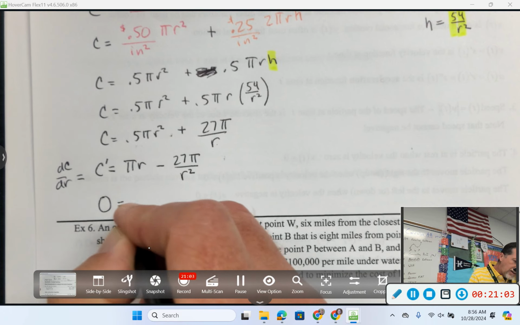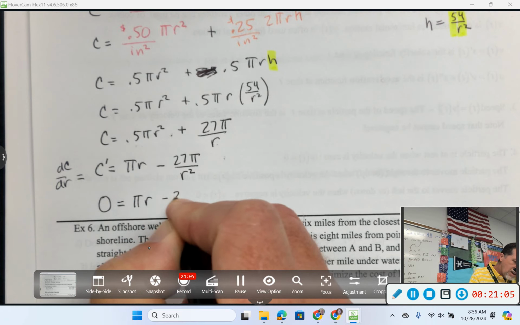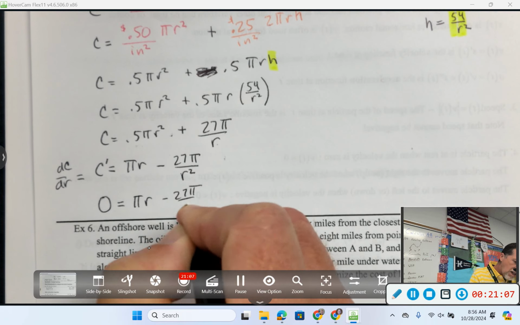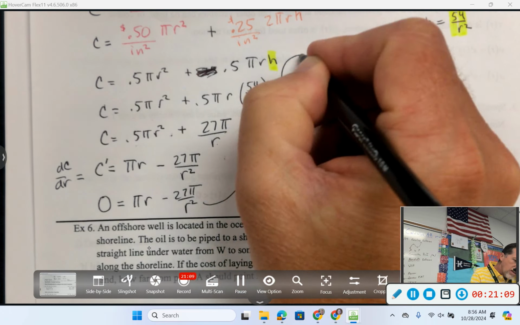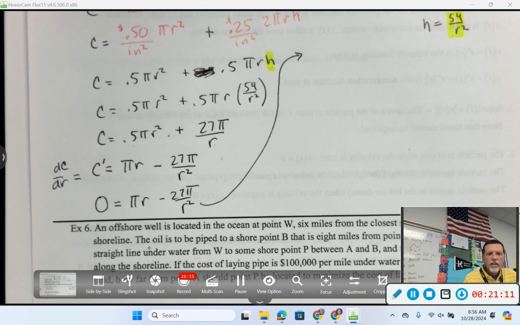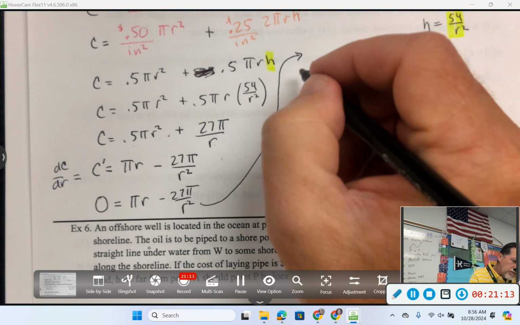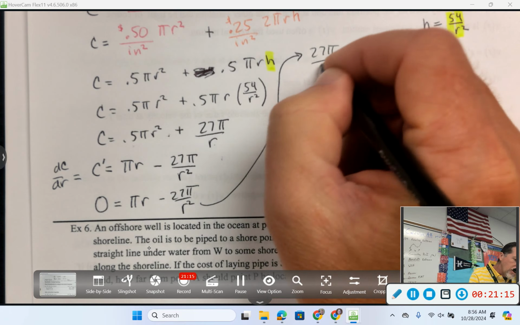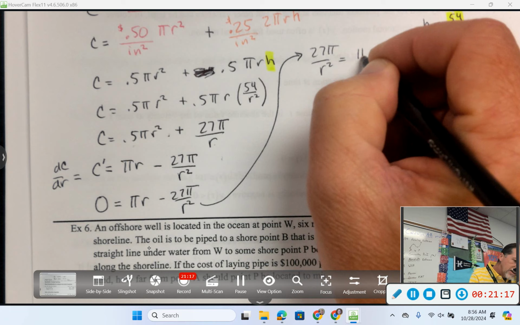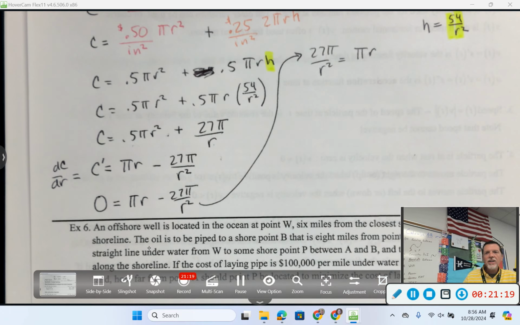All right, set that equal to 0. Let's see. So I'll move the 27 pi over r squared over, equals pi r. And a little bit of algebra in my head. They've done us some major favors here.